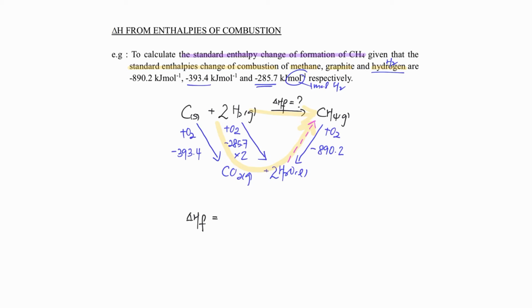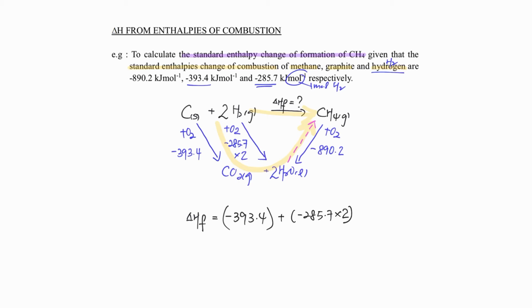With reversing of this arrow, we have to change the negative sign to a positive value. So this is how we sum them up to get delta HF, where we have negative 393.4 for this reaction. Next, we have the reaction involving negative 285.7 times 2.